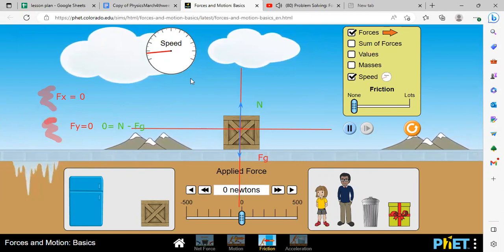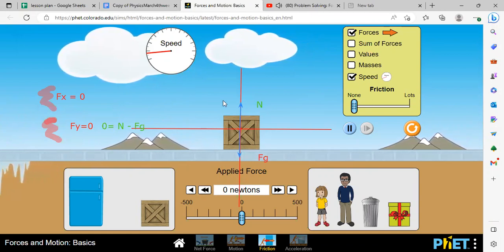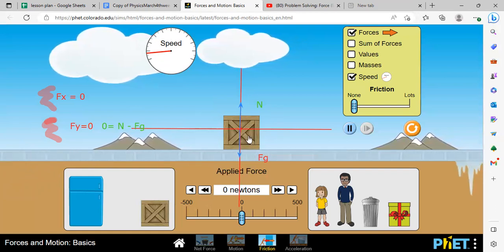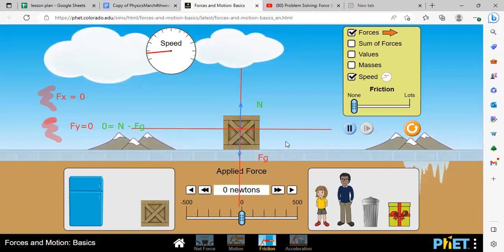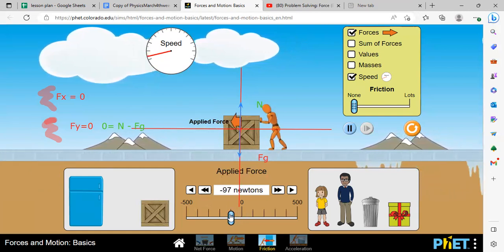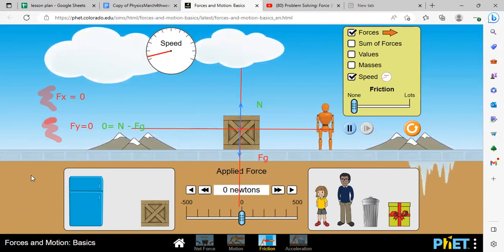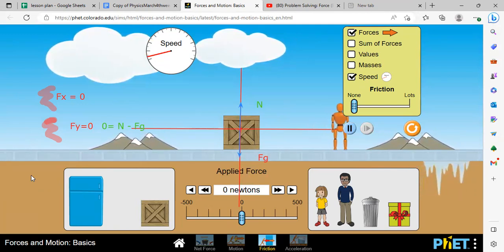Pero once bumitaw, the velocity is constant. Okay? So under this condition, unless there is another force acting on it, it will not change its velocity. Okay? So unless na merong force na ma-apply doon. Tapos otherwise, it will change velocity and direction. Okay? So yan yung application ng Newton's first law of motion.